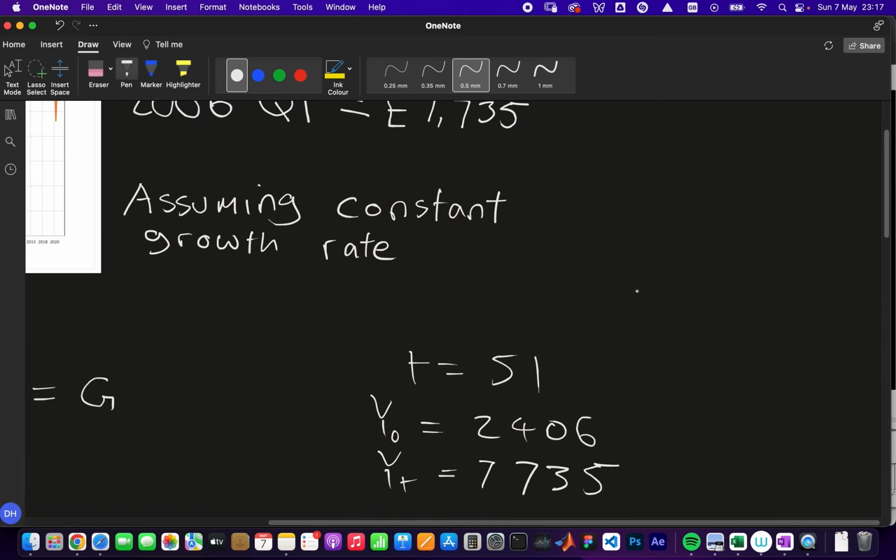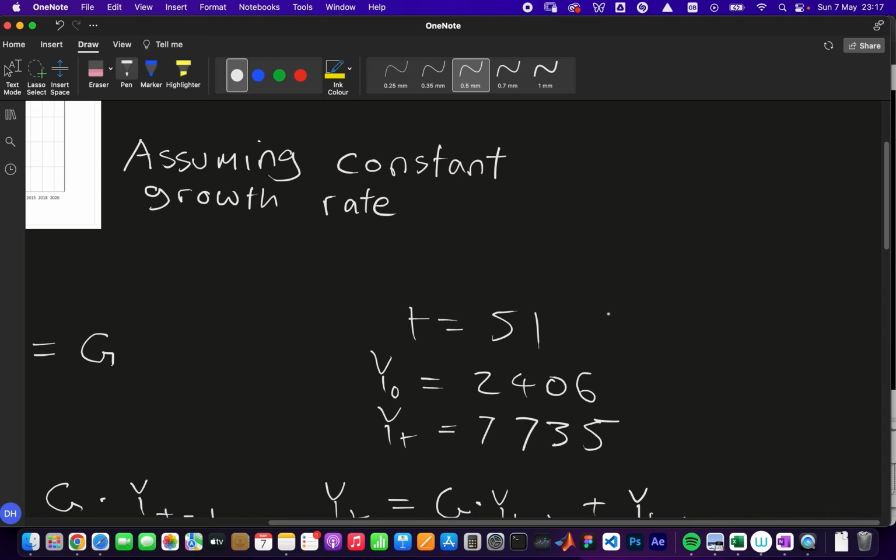Now all that's left for us to do is to plug these numbers into our formula.